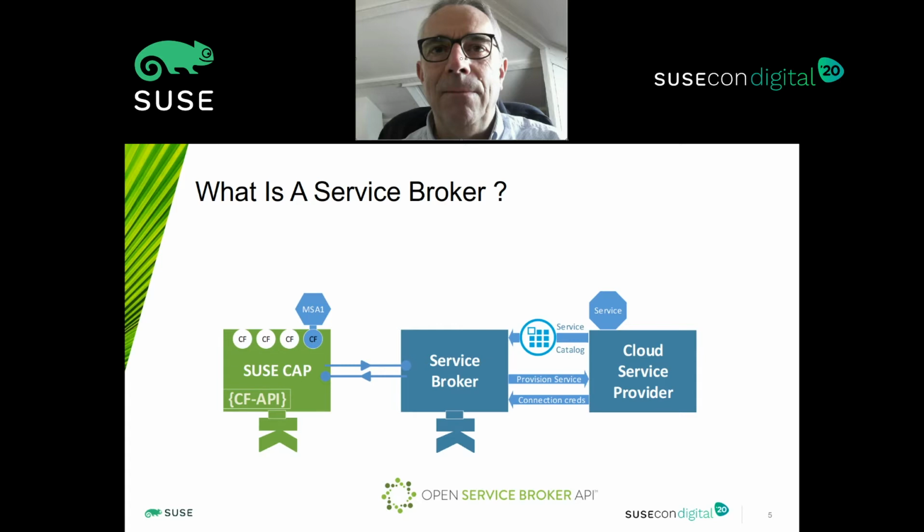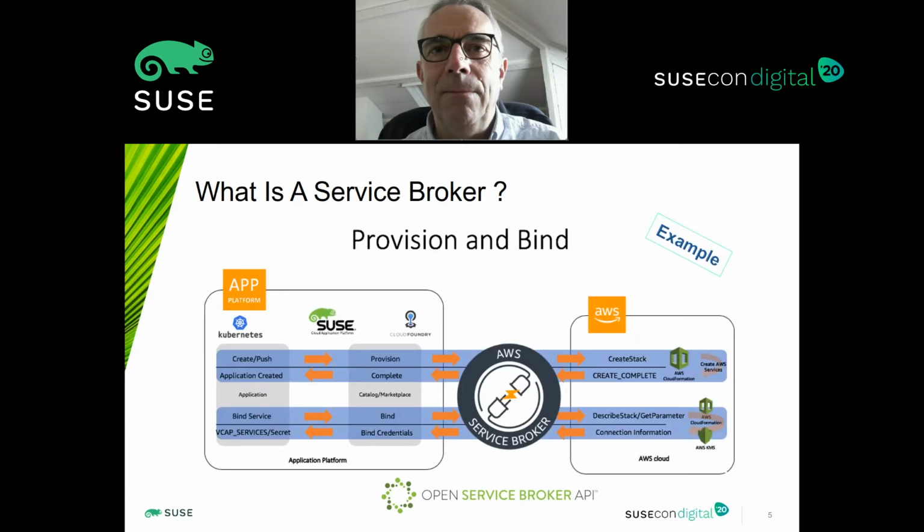An example of a service broker is the Amazon Web Services Service Broker. This one is provided by Amazon, but can be deployed on any Kubernetes platform, and it's located in between the CAP and the various services that are available from Amazon.